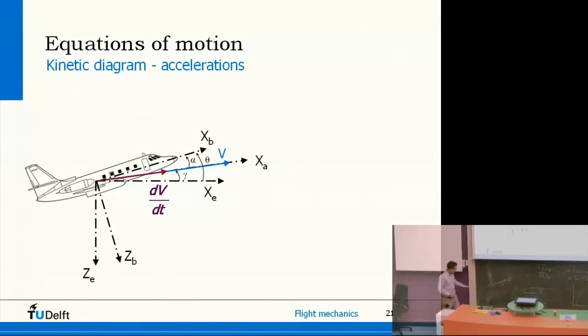So if you're going in a circular motion like this, then you basically have a change of this angle gamma of the airspeed vector with the horizon with time. And you also know, because we're considering a circular motion, that this airspeed vector will be angular velocity multiplied with radius.